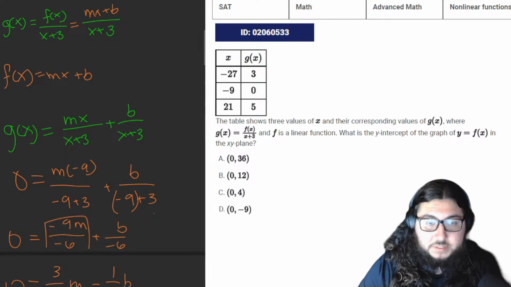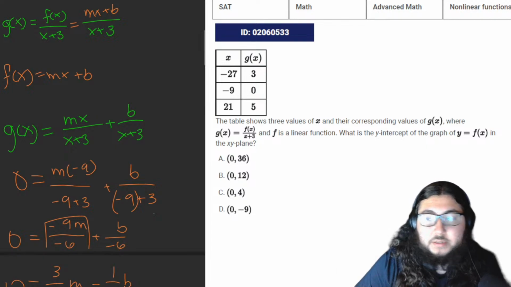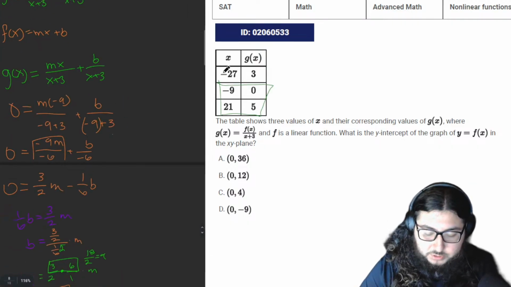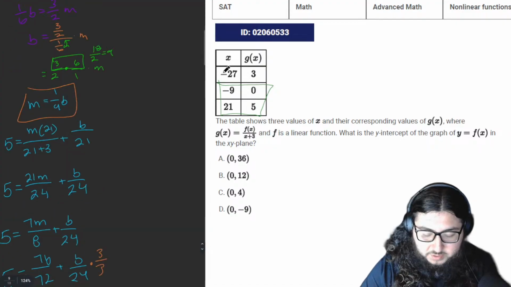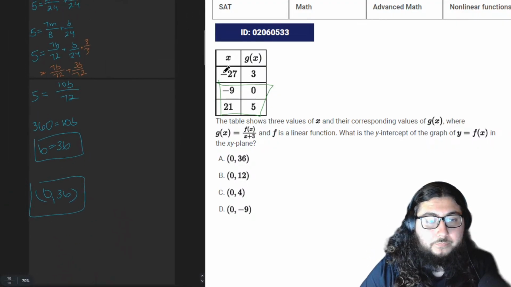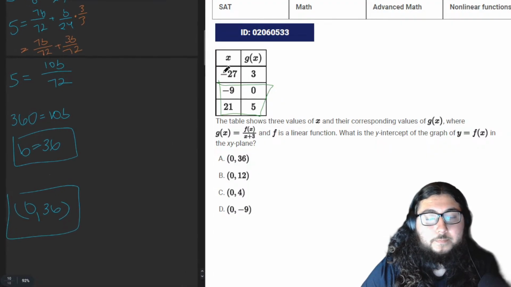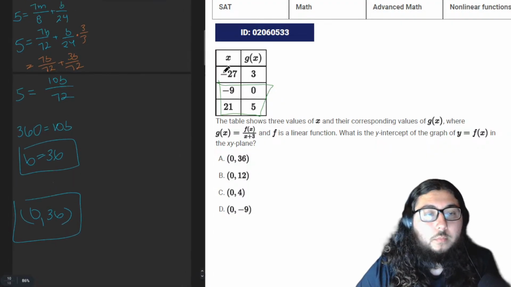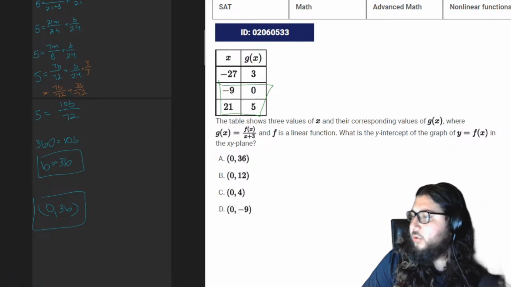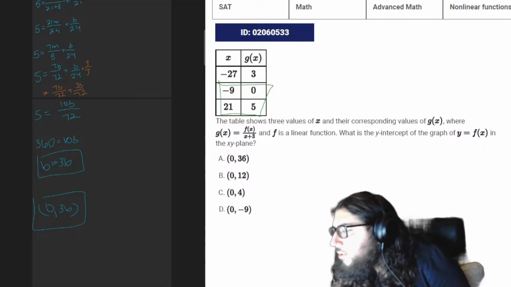So we did that, set up a system of linear equations with any two of these points right here. We chose these, and then once you have your system of linear equations, solving it is pretty straightforward with substitution. If there are no questions about that, we will move on to the next. Now I want to see if there was a better method according to there.